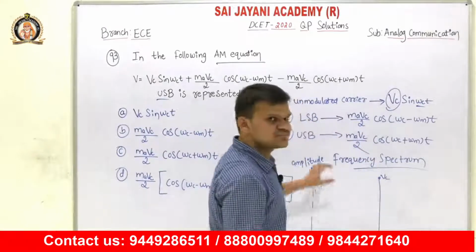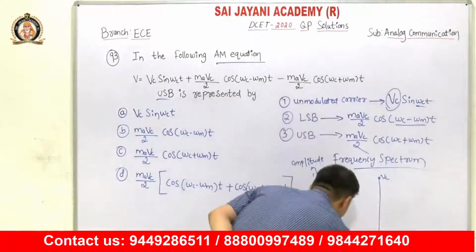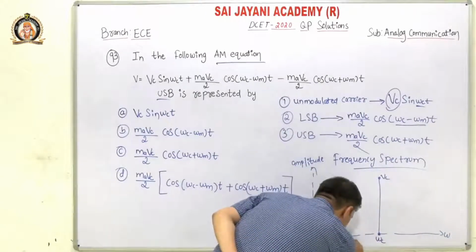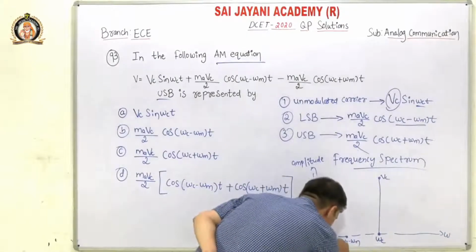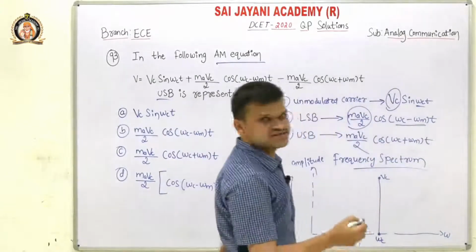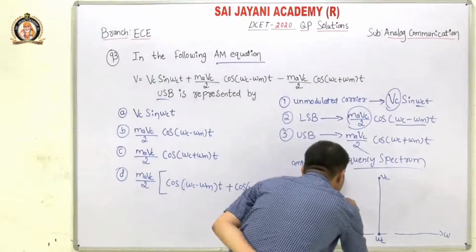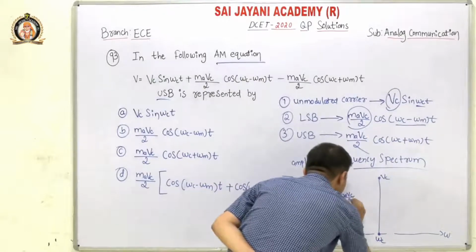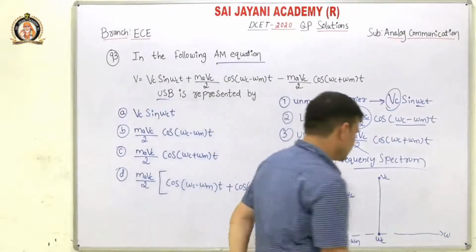Similarly, for LSB, its frequency is omega C minus omega m, and the amplitude is MAVC divided by 2.